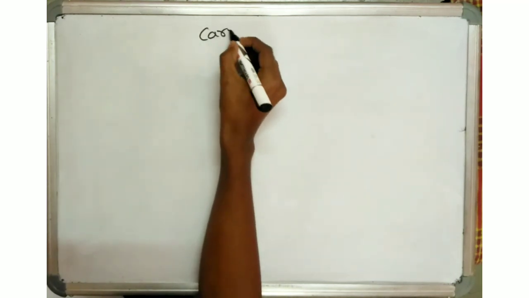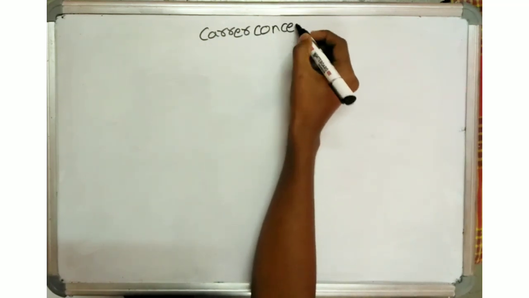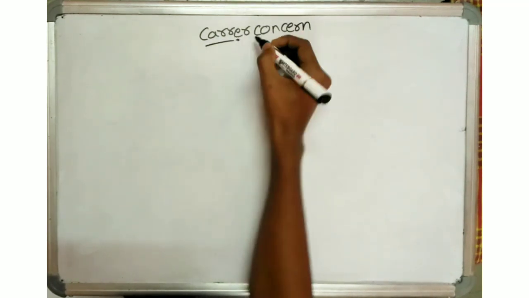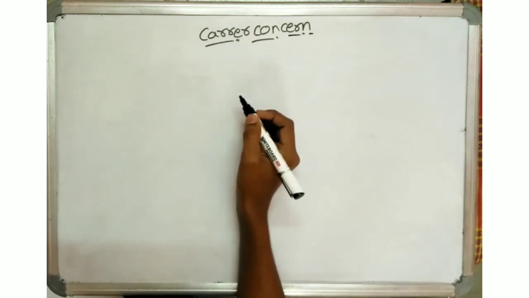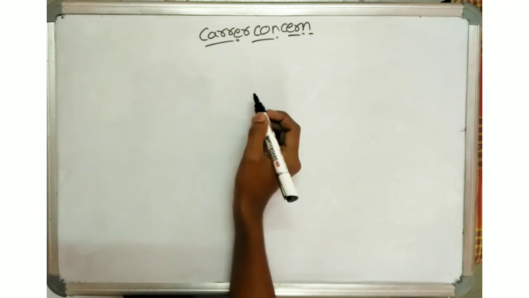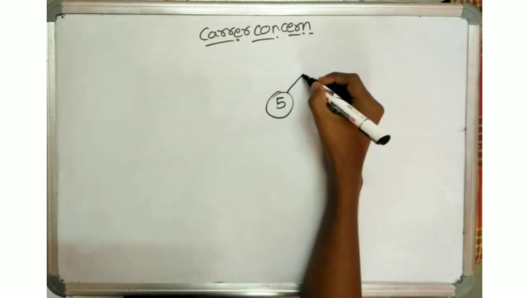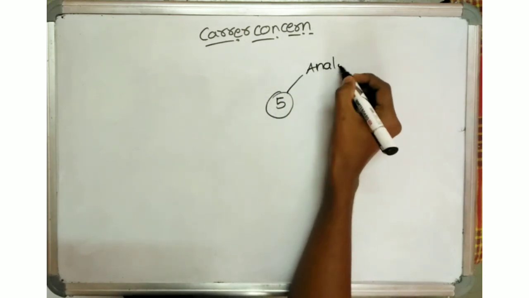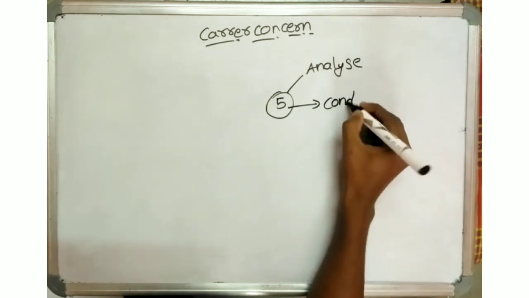In this tutorial, we are going to discuss some problems related to competitive programming. In the previous video, we listed out the stages of how we solve a competitive programming question. There are 5 steps. First one is analyze. Second one is conditions.